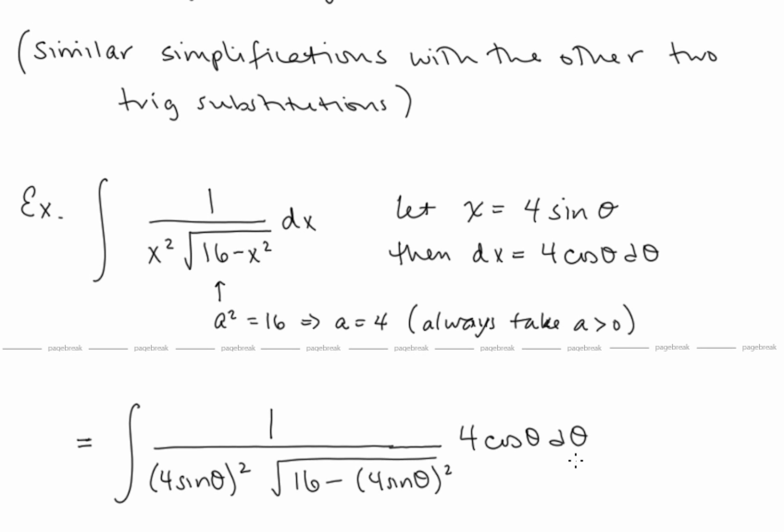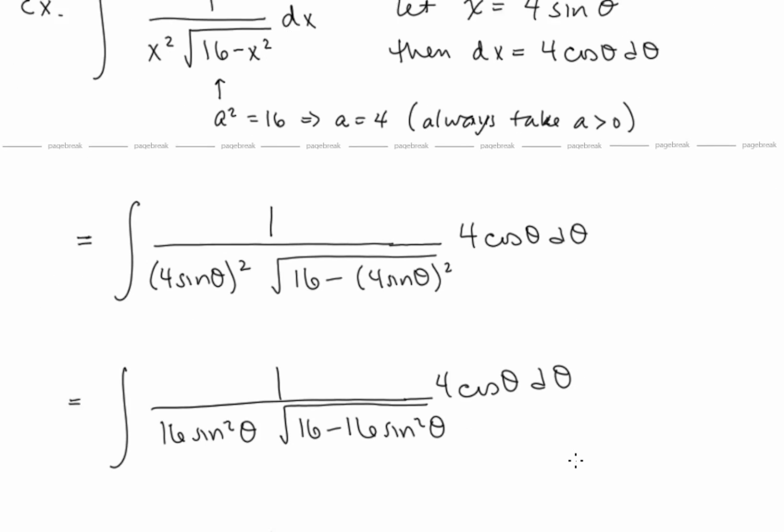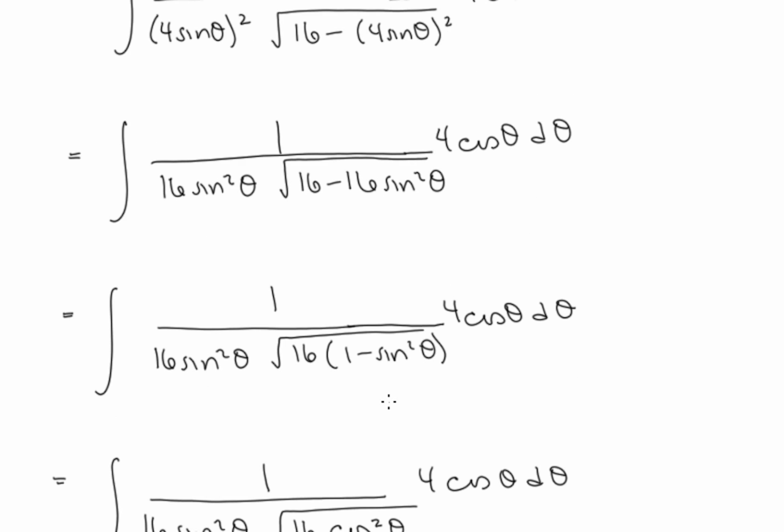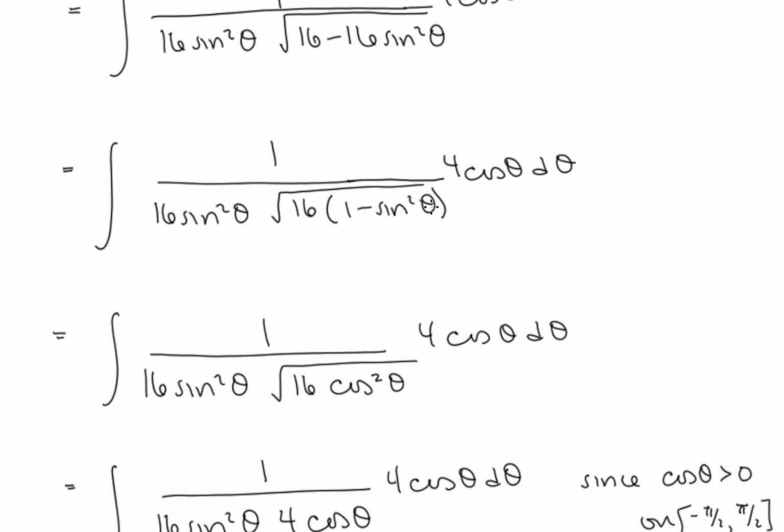And so now we want to do a bit of simplification. Our 4 sine theta quantity squared becomes 16 sine squared theta. Same thing in here. We factor our 16 under the radical. We replace the 1 minus sine squared theta by cosine squared theta.